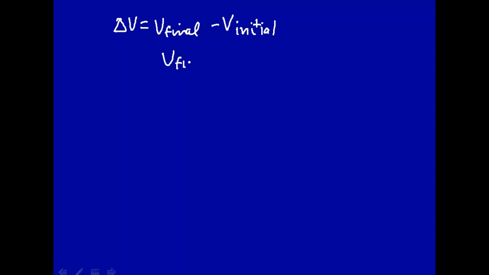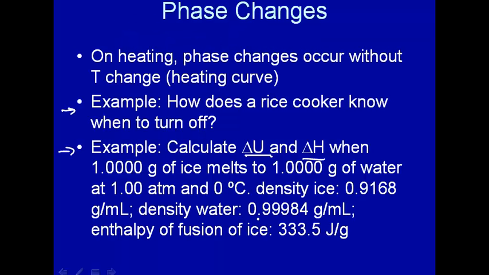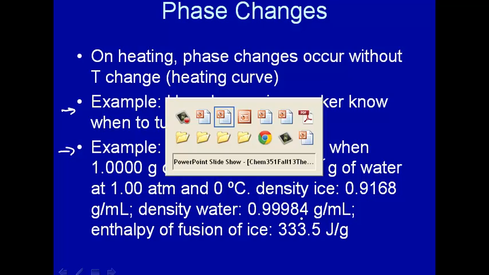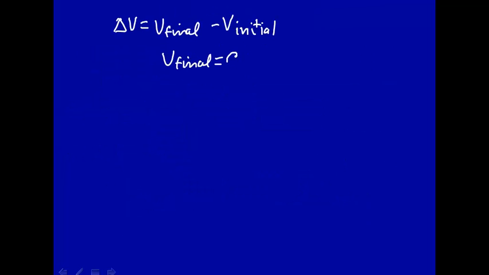The final volume will just be based on the density of the liquid, and looking that up, we're given that here: 0.99984 grams per milliliter.